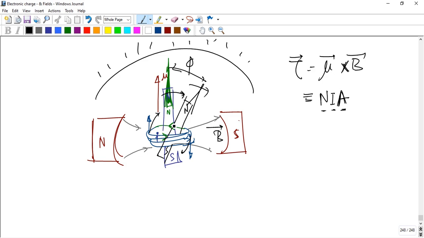Here sine 90 degrees is 1, so tau equals NIAB sine 90 degrees, obviously they are perpendicular, so sine 90 is 1, because that's a curved magnetic field. Otherwise there is a little bit of change in the magnetic field. If that line is not curved, then theta is not 90 degrees.